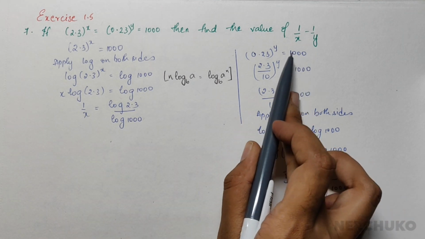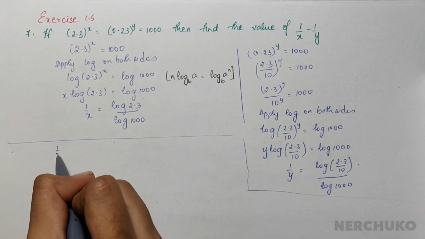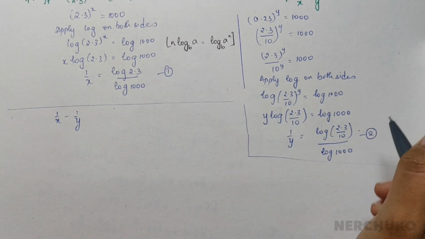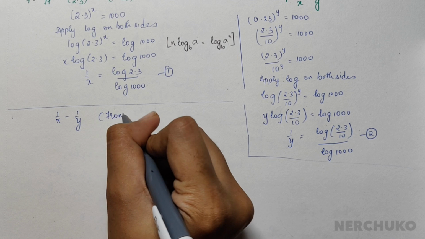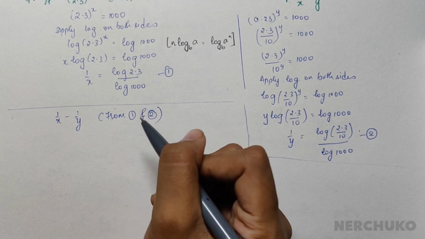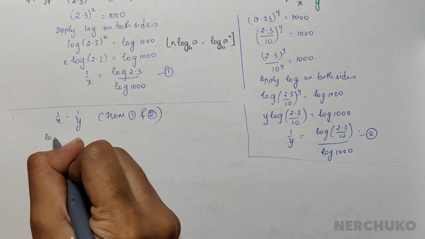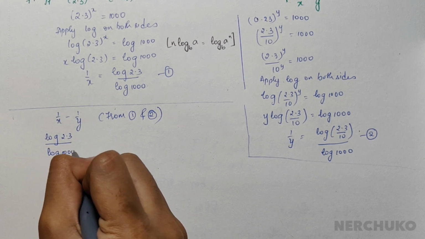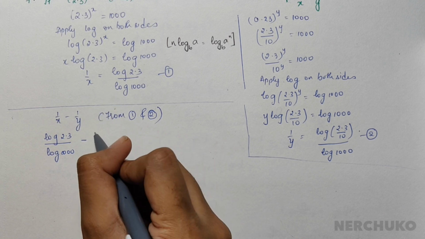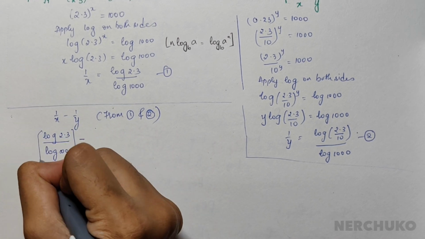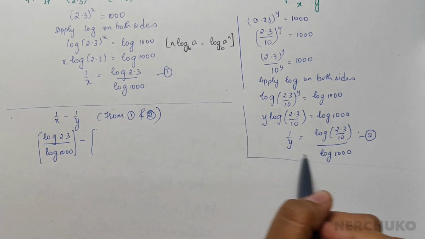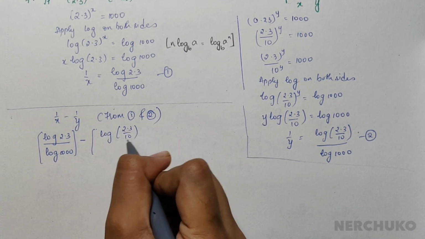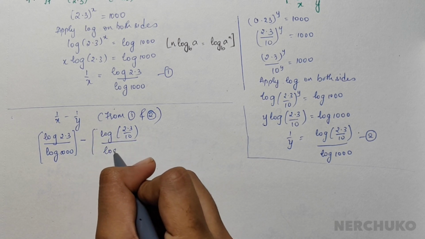Now let me solve for 1 by x minus 1 by y. Let this be equation 1, let this be equation 2. From 1 and 2, 1 by x is equal to log 2.3 divided by log 1000 minus 1 by y equal to log 2.3 divided by 10 whole divided by log 1000.